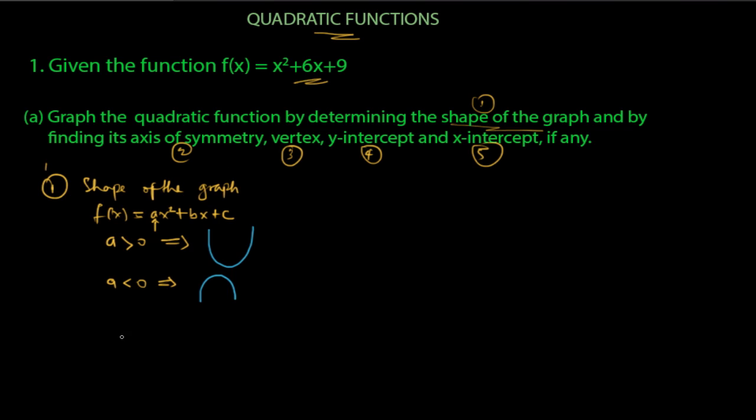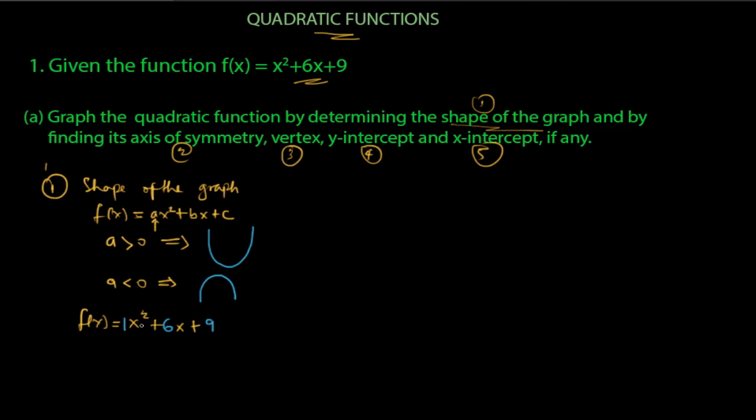Now the function we are given is f of x equals x squared plus 6x plus 9. So my coefficient here is 1.